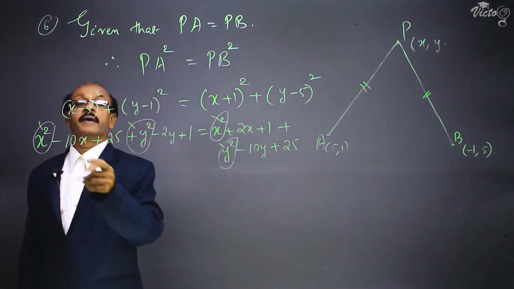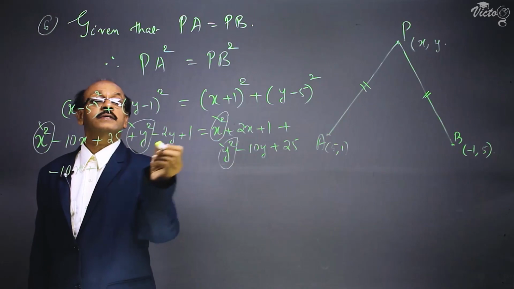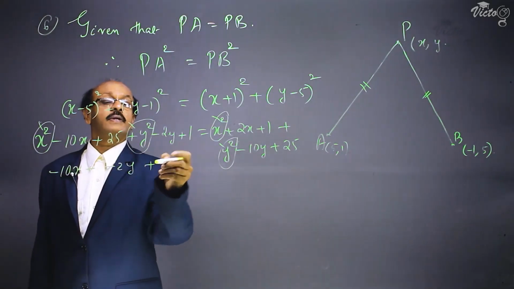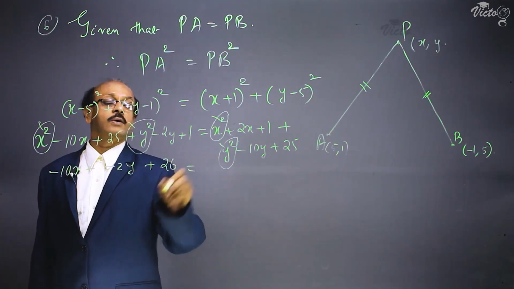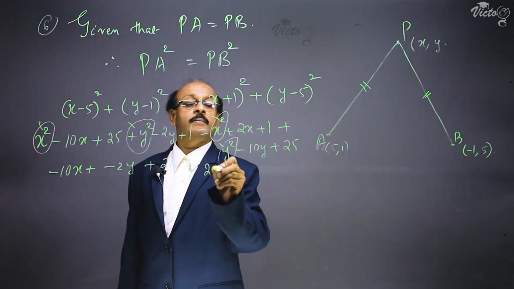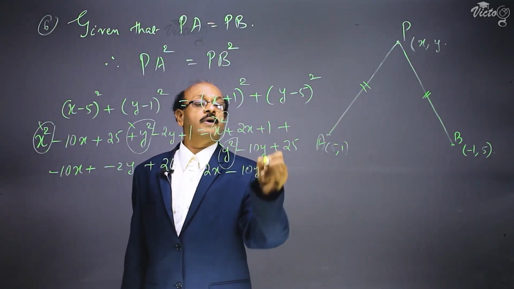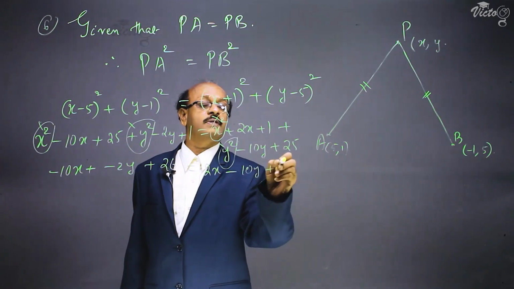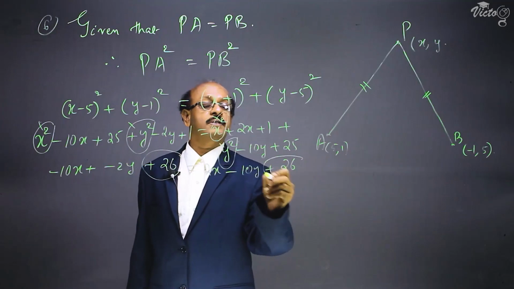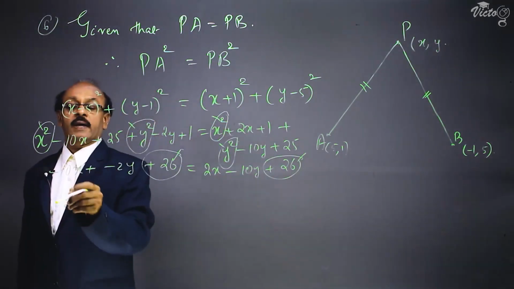Now, here it is minus 10x minus 2y plus 25 plus 1, 26, which is equal to 2x minus 10y plus 25 plus 1, 26. Here also we can cancel plus 26 and plus 26.